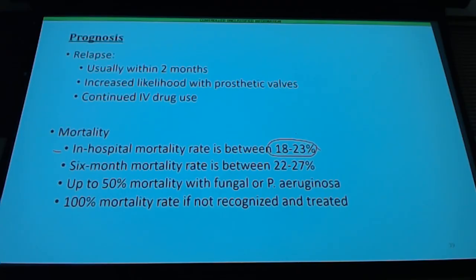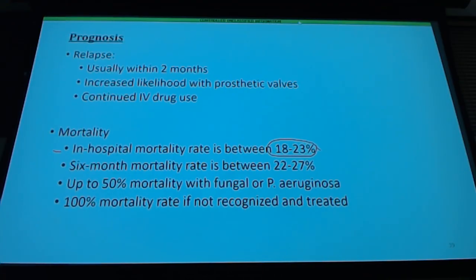Now, if they are IV drug users and they're refusing to stop IV drug use, then that might be a discussion to have: okay, you're going to continue, that's fine, but you're going to need these antibiotics now to prevent you from getting sick. But we'll talk about rheumatic heart disease in block 3, and we do give prophylactic antibiotics for years after somebody develops rheumatic heart disease. So there are certain situations where we can't do that.